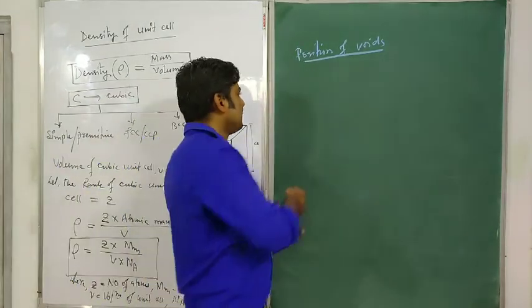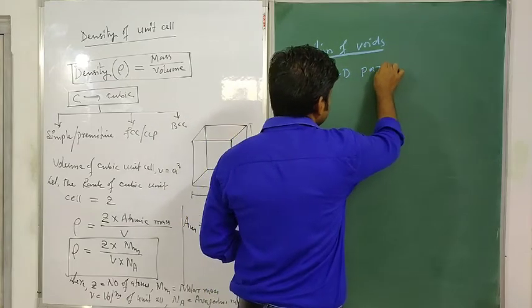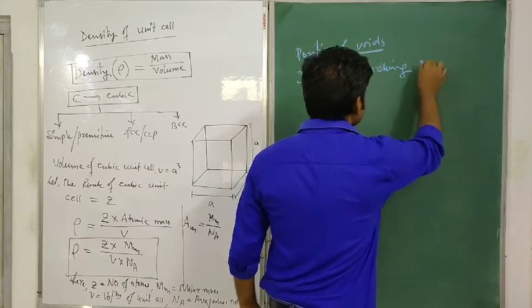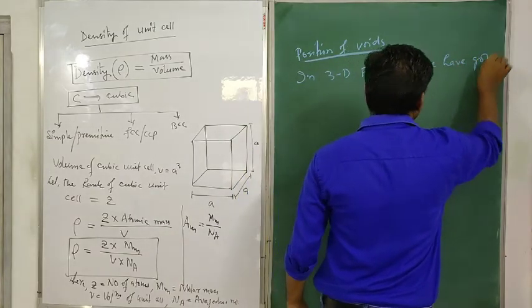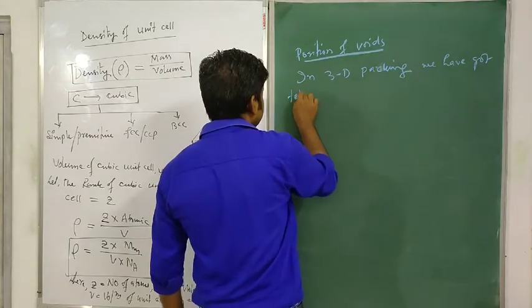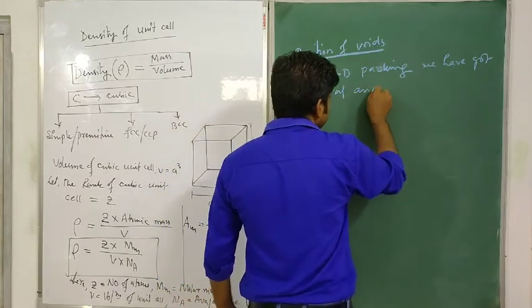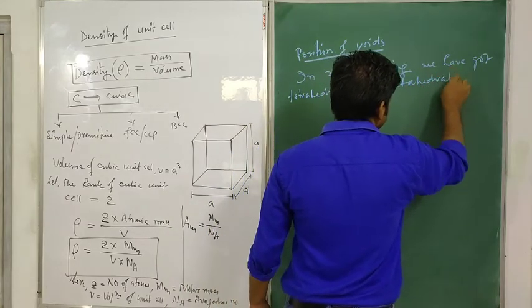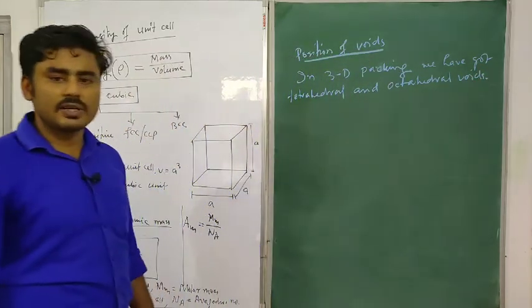So here we write: in 3D packing we have got tetrahedral and octahedral void.